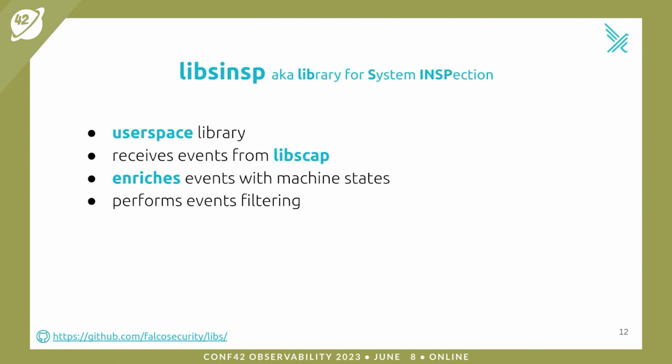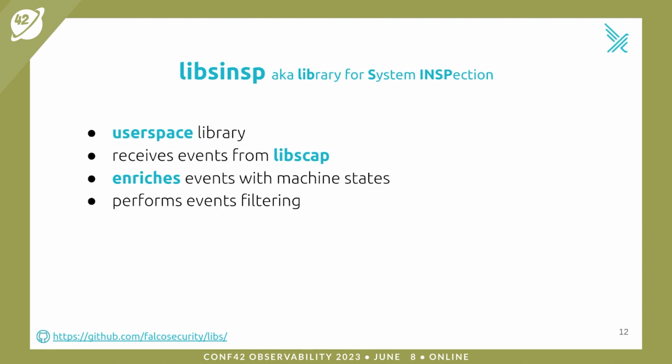libsinsp, aka library for system inspection, is in charge of receiving the events from libscap and enriching these events with machine state. Basically, if your application is running inside a container, and this container is part of a pod in a Kubernetes cluster, you will have for your rules and for the alert the container ID, container name, the pod namespace, the pod labels.